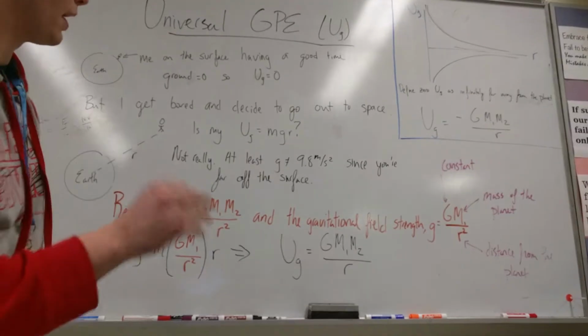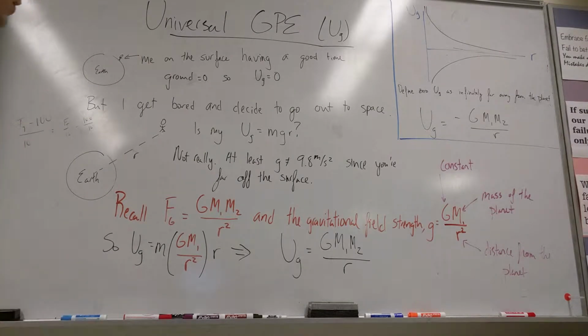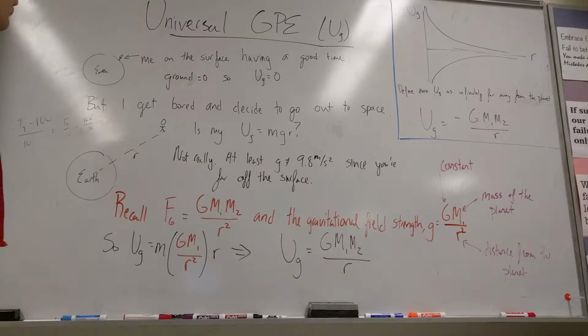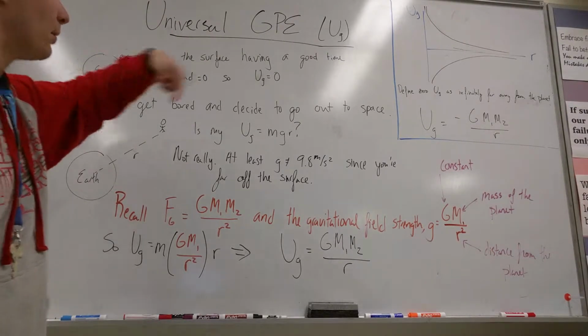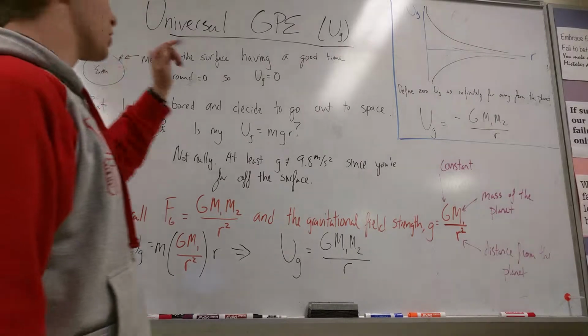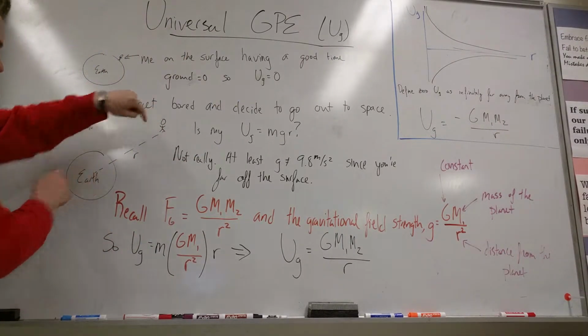And so we're going to apply that to our energy principles. To do that, we're going to look at me hanging out on the Earth's surface, having a good time. I'm defining the ground to be 0, so I have no potential energy when I'm on the surface. But then I get bored and I decide to go out to space, and now I'm out here, a distance r from the center of the Earth.